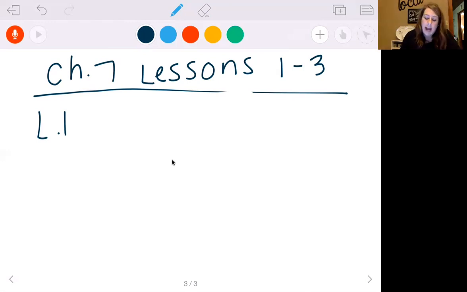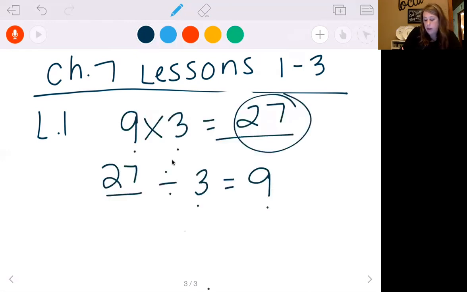So 27 has to be what's missing in this little fact family. 27 divided by 3 is 9. If you didn't know that, you could do it this way. 9 times 3 equals, and then you'll get your answer here, okay?